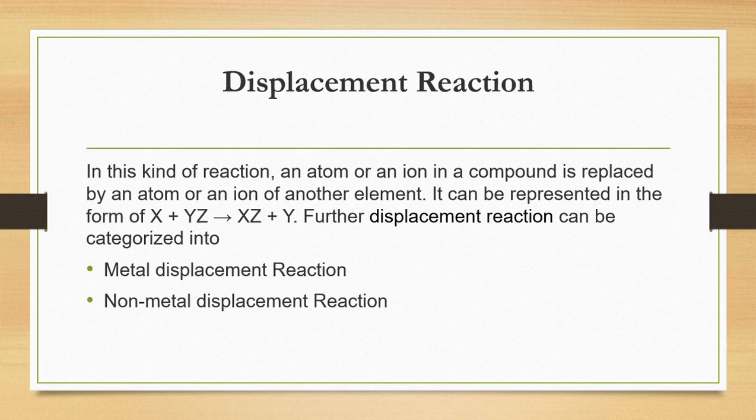Now, the third one is displacement reaction. In this kind of reaction, an atom or an ion in a compound is replaced by an atom or an ion of another element. It can be represented in the form X plus YZ gives XZ plus Y. Further, displacement reactions can be categorized into metal displacement reactions and non-metal displacement reactions.